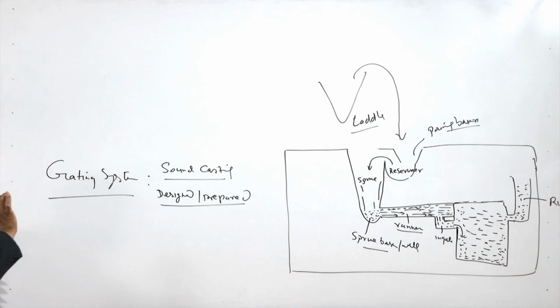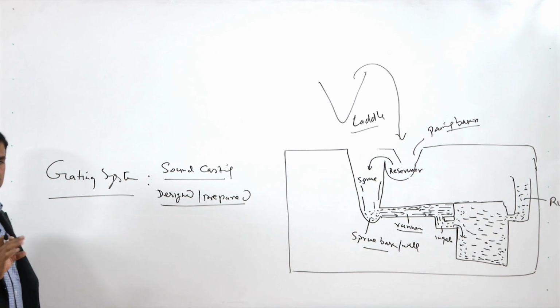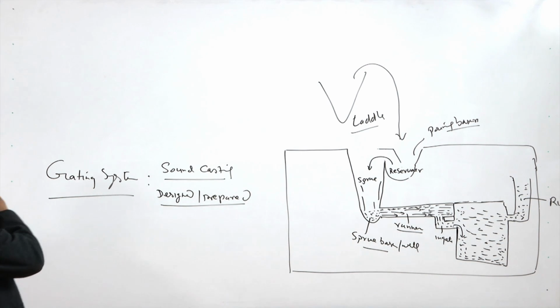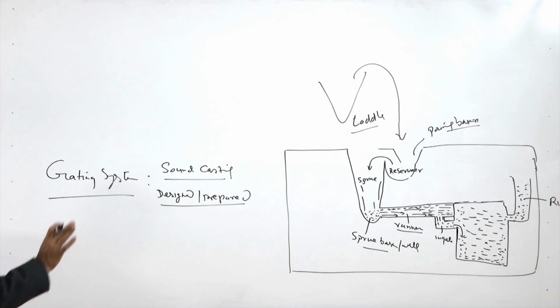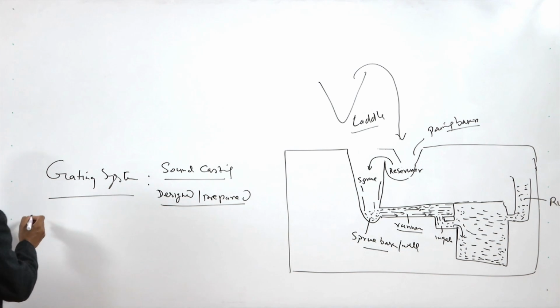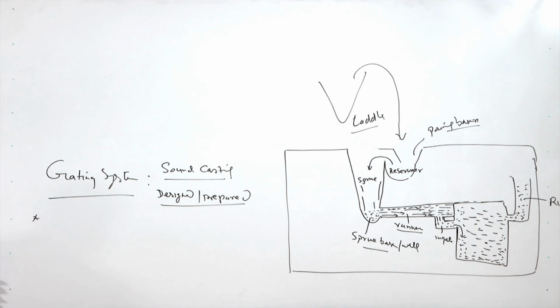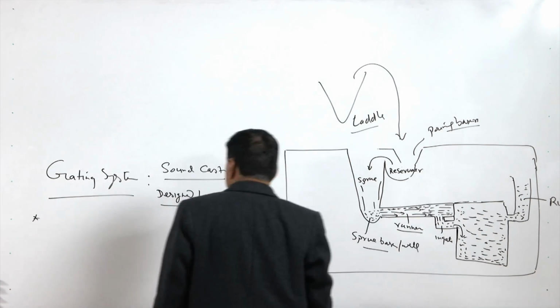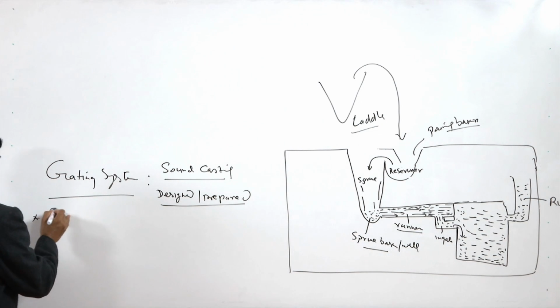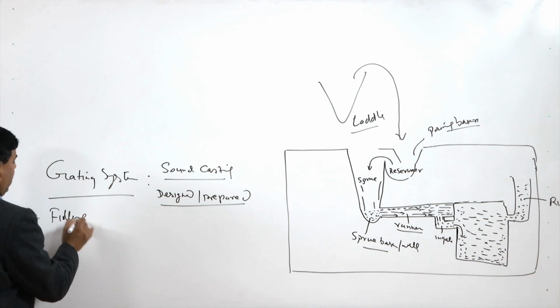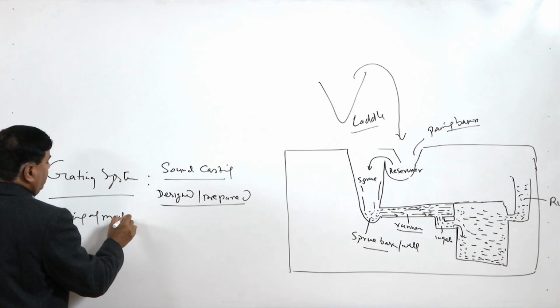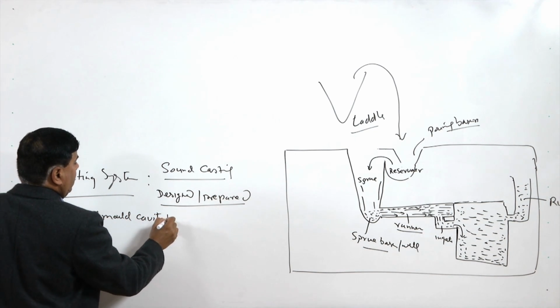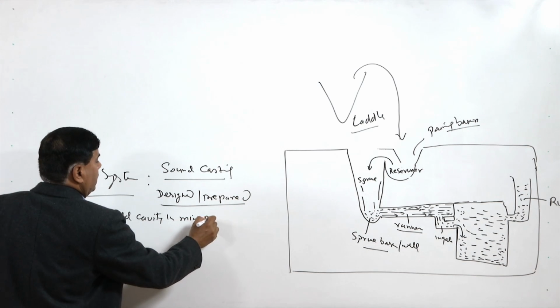So, what are those specific objectives which are realized through the gating system, which comprises a number of elements for producing the sound casting? It includes that the gating system is designed in such a way that when molten metal is fed into the pouring basin, it fills the mold cavity in the minimum possible time. So, the first thing is the filling of the mold cavity in minimum possible time.